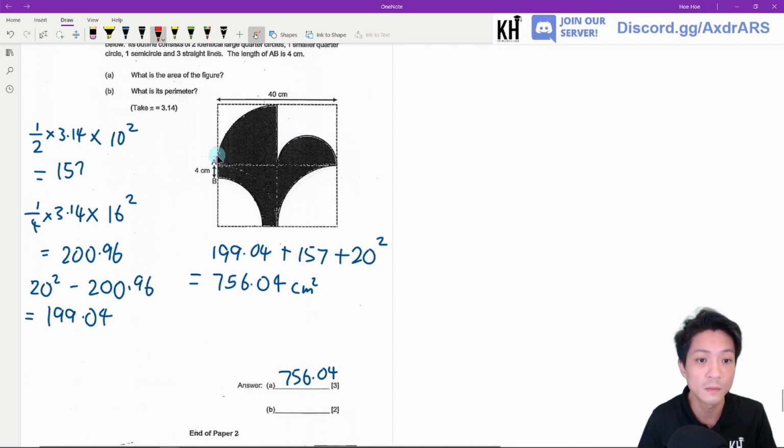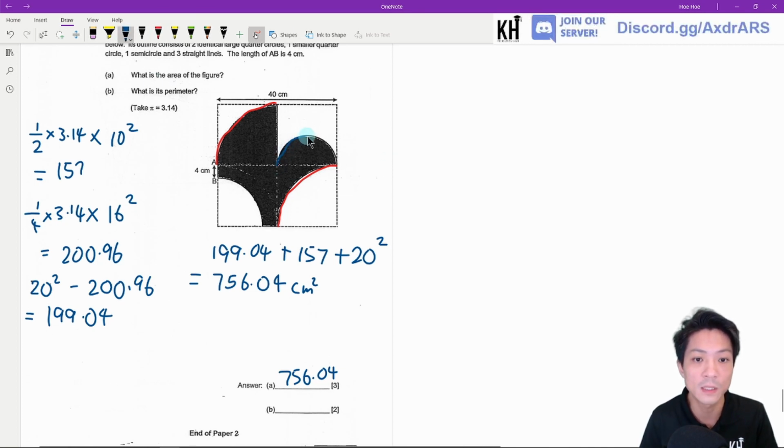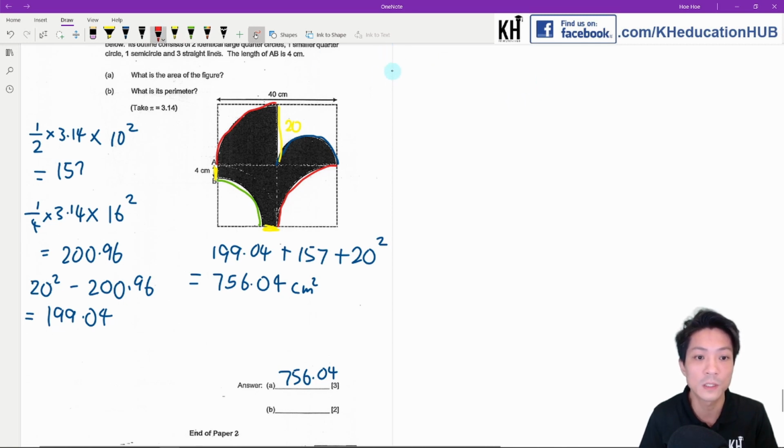Okay, so this plus this is the perimeter of a big semicircle, and then I need to plus this smaller semicircle, and then I need to plus this, the smaller quarter circle, and then the yellow lines, which is this, and this here. Okay, this is 20. Let me just write it down here first.